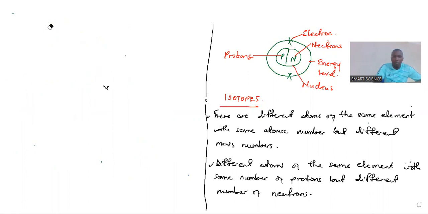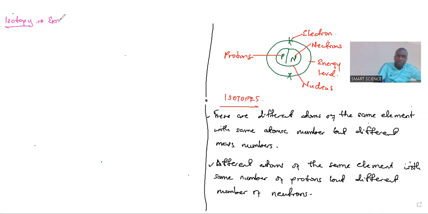However, before we look at the questions, the behavior of atoms existing with different mass numbers but the same atomic number, we refer to it as isotopy.